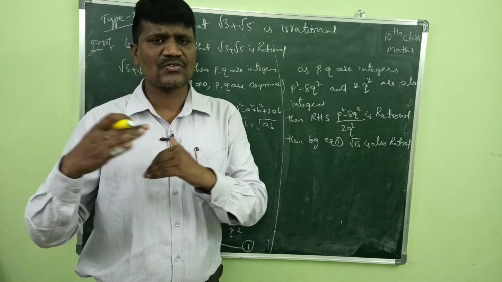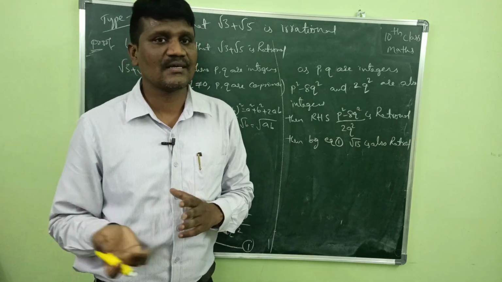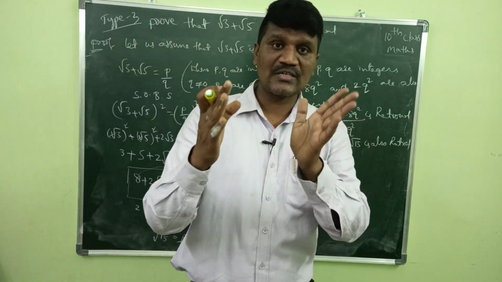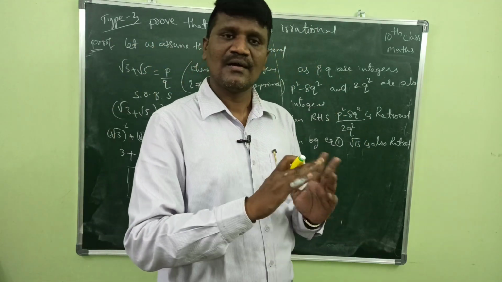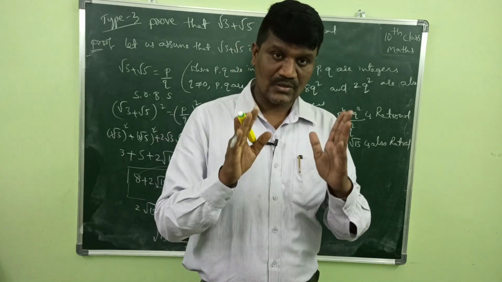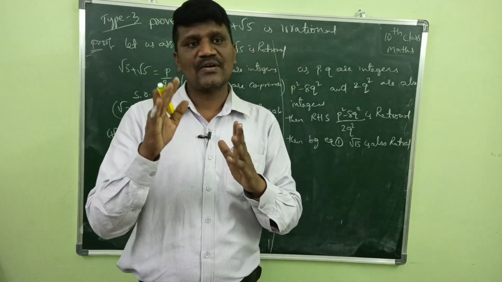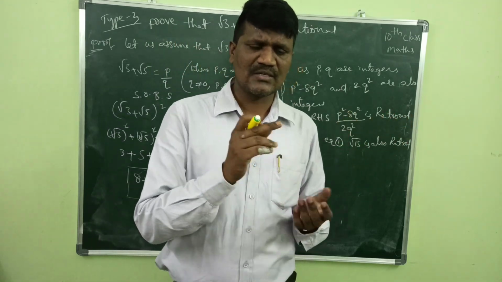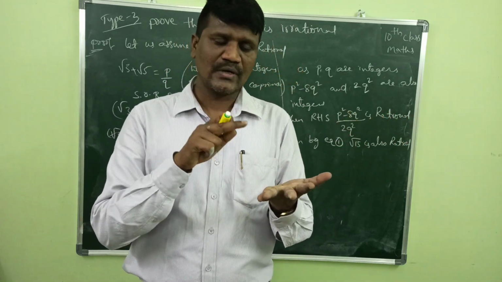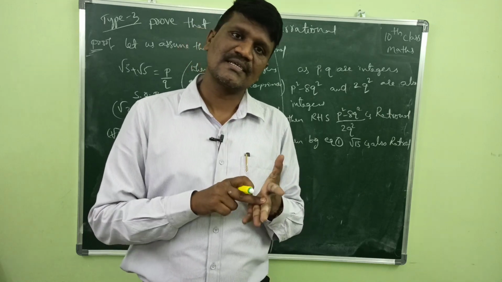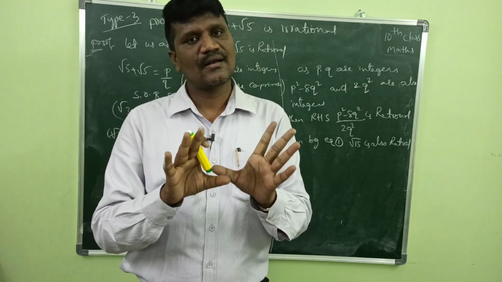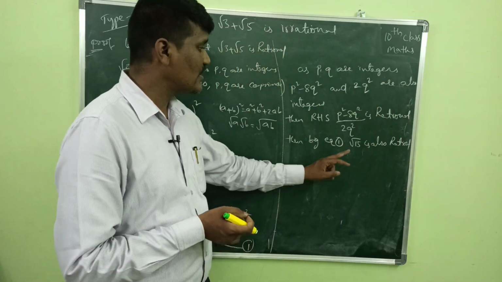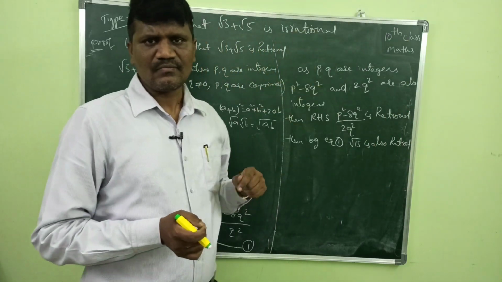Like this, whenever there is a perfect square, the root of a perfect square is only rational, remaining all are irrational. That means root 4, root 9, root 16, root 25 are rational, remaining all are irrational. So root 15 is irrational, right?